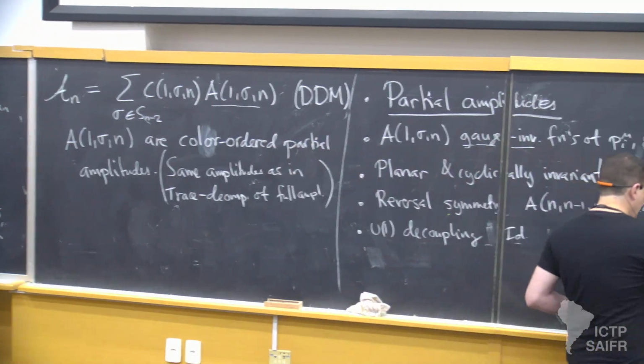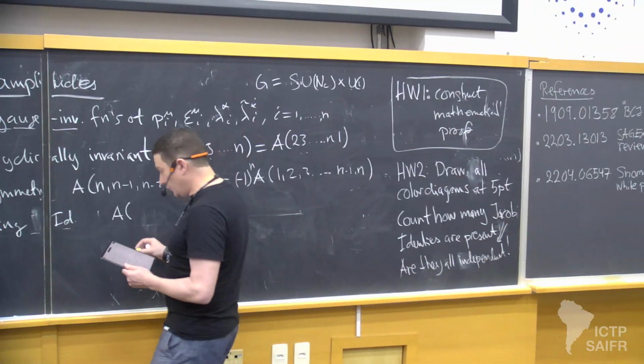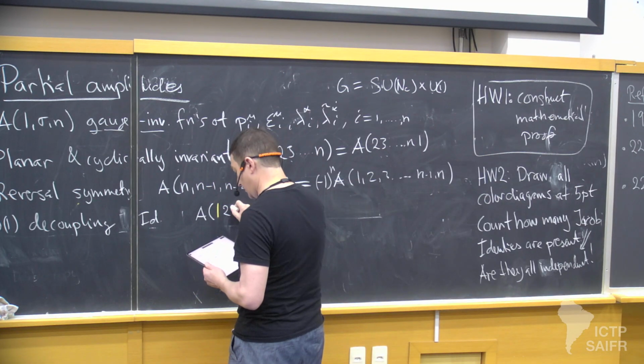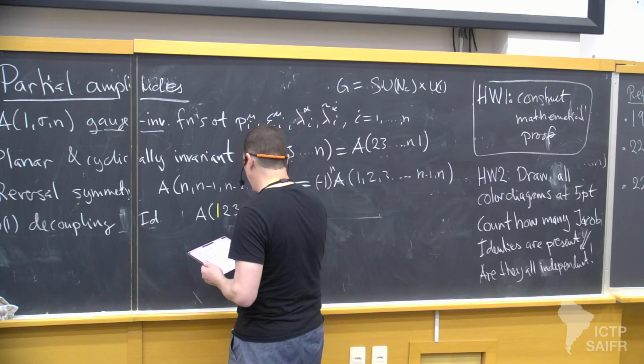If you take one particle, which we can call a photon, let's take it to be particle 1, and then you have the rest, which are non-abelian.